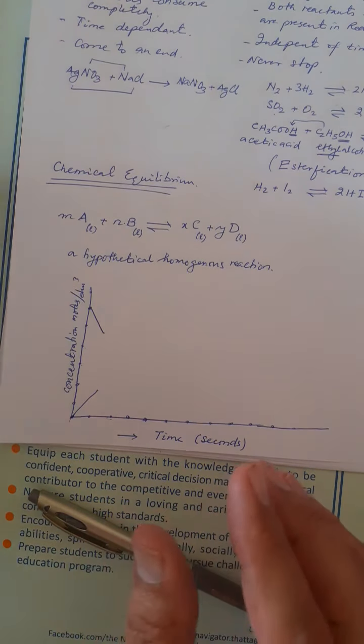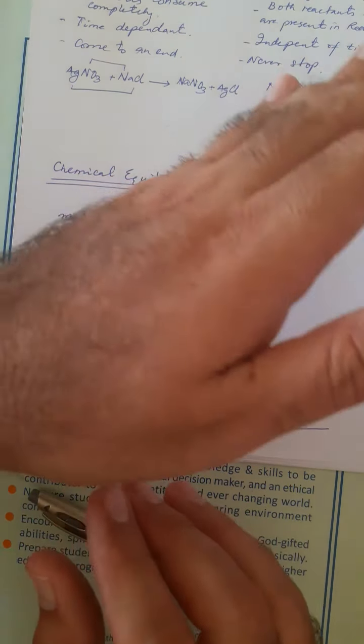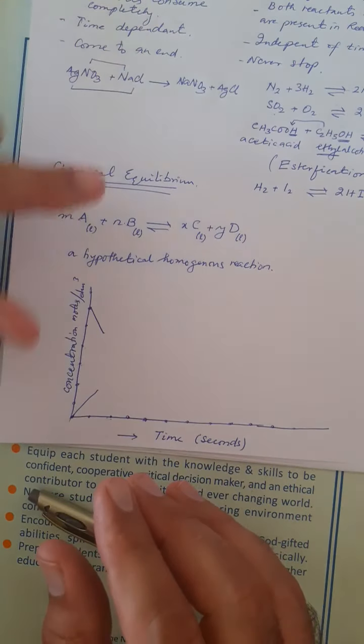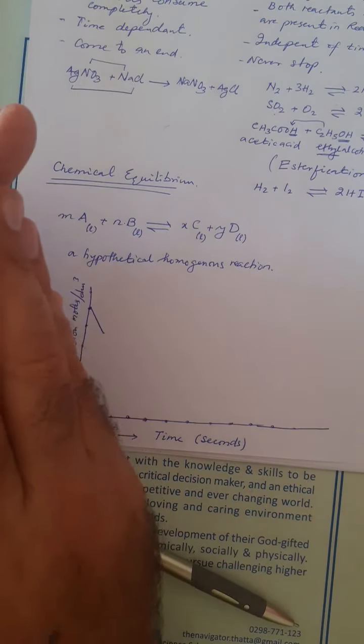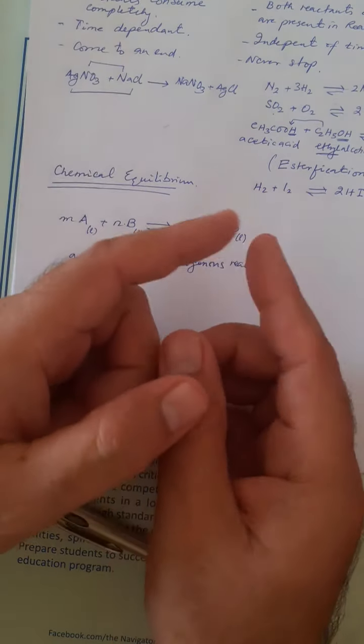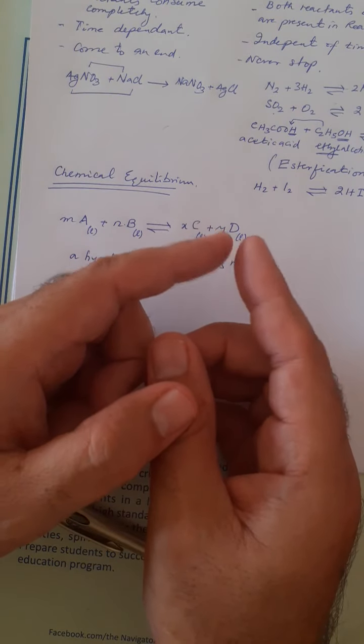Now, you might be thinking that all the A and B will become C and D, and once A and B are 0, the C and D will react and all the C and D will become A and B. That's not right. As soon as C and D form, they start to react immediately.